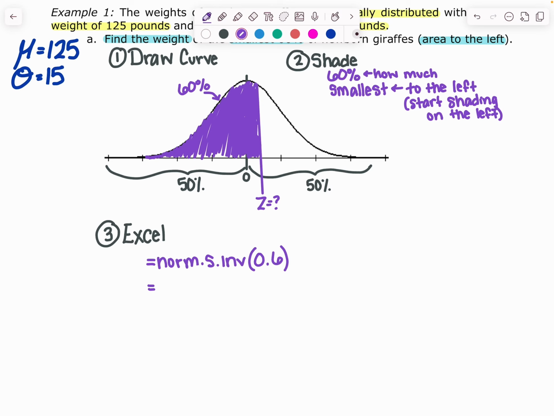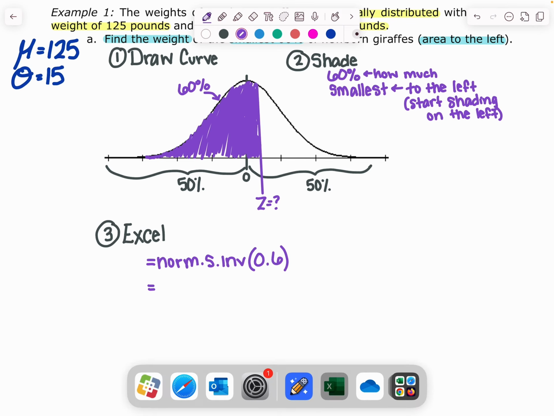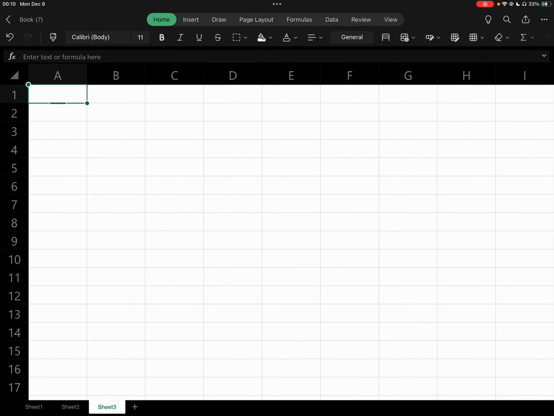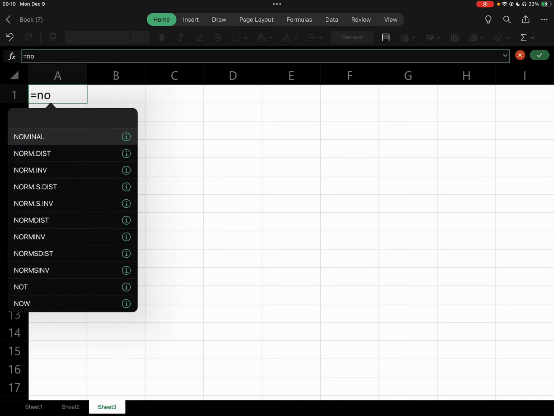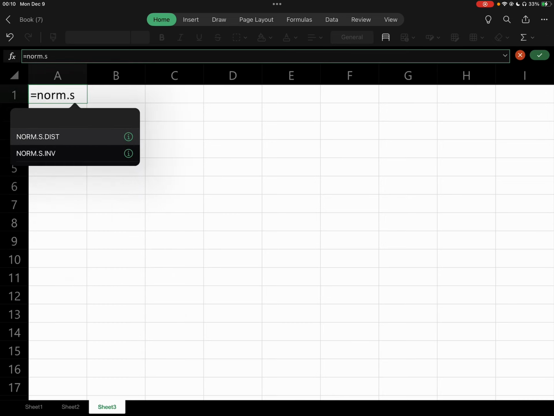When I go to Excel and put all of this in, the result is going to be the z-score that corresponds with where I stopped. So I'm going to pull up Excel and make sure that everything is connected. There we go. Norm. Oh, I forgot the equal sign. If you forget the equal sign, Excel doesn't know that you want to calculate anything.